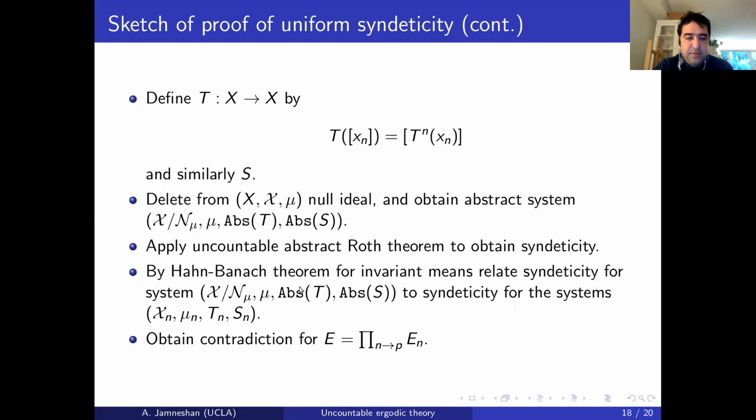So then we have to work a little bit, basically by using some Hahn-Banach theorems for invariant means to relate the syntheticity in this loop system to syntheticity in its component systems.